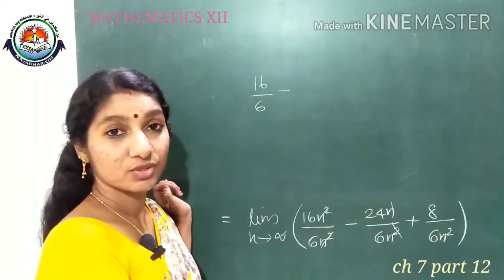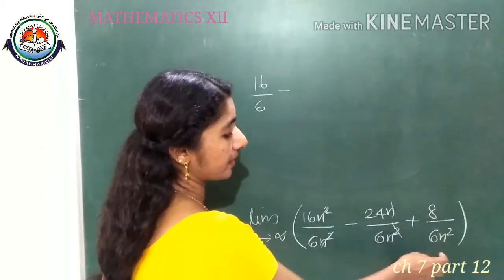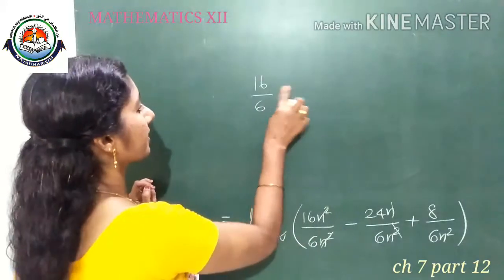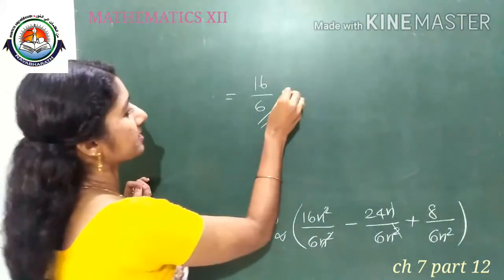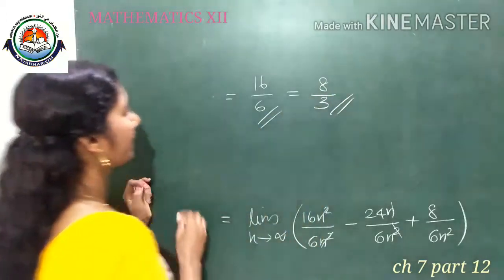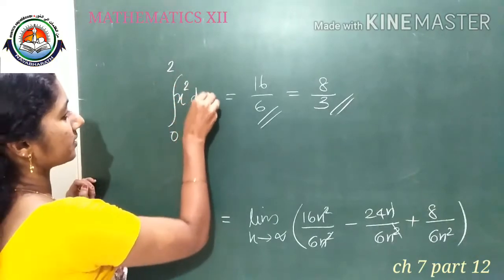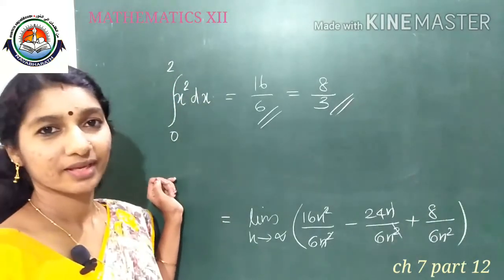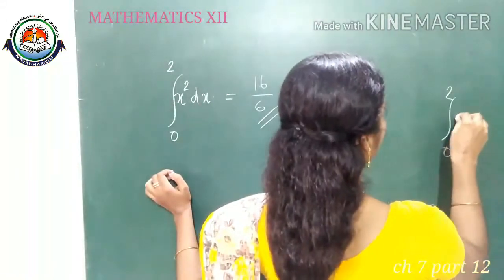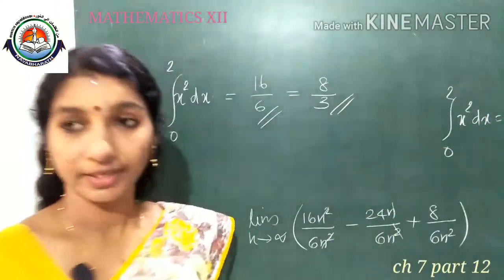So as n tends to infinity this quantity tends to 0, and here also 8 by 6n square, as n tends to infinity that quantity also tends to 0. So we are getting finally 16 by 6, in short form it is 8 by 3. So 8 by 3 is the integral 0 to 2 of x square dx. Okay. And the same problem, integral 0 to 2 x square dx, we can write as 8 by 3, we got the value 8 by 3.